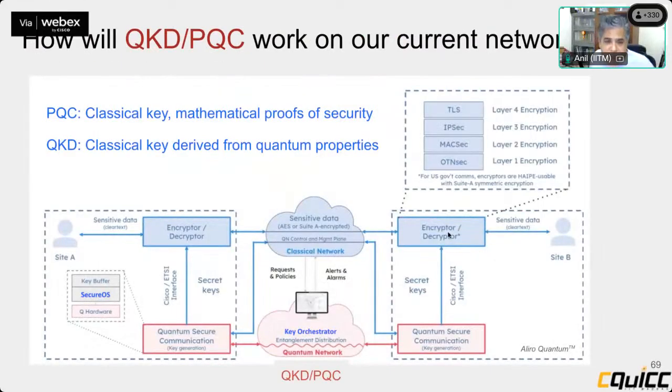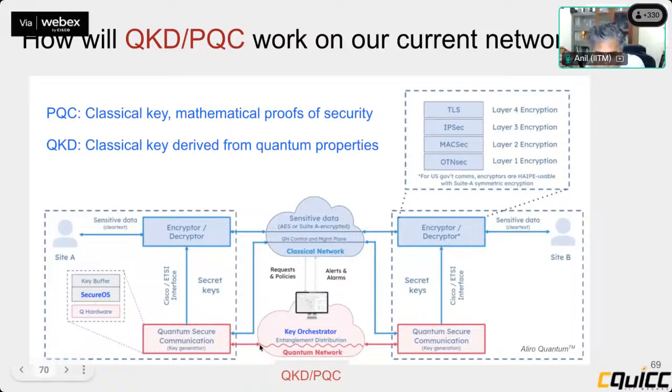If you think of it from this picture, which tries to help understand how these networks work, you could have a completely classical network at the top. This classical network, which has encryptor, decryptor, sensitive data, AES, and so on, is entirely classical, and it requires a key. That key is coming from a key orchestrator. That key orchestrator could be using either quantum key distribution or post-quantum cryptography to generate it.